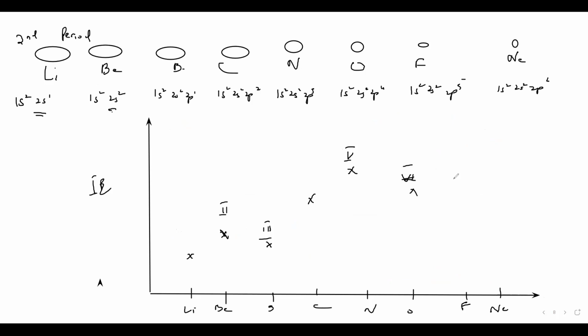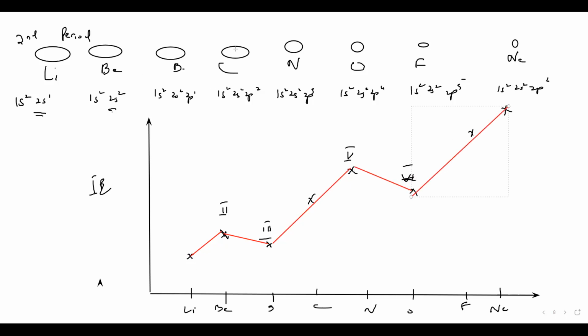And then we move on. Fluorine will have higher because the size is decreasing and the charge of the nucleus is increasing. That's why ionization energy will increase. And neon will be the highest one because of a complete shell. So when we complete this, there are two dips. One is between group 2 and 3. Another one is between group 4 and 5.